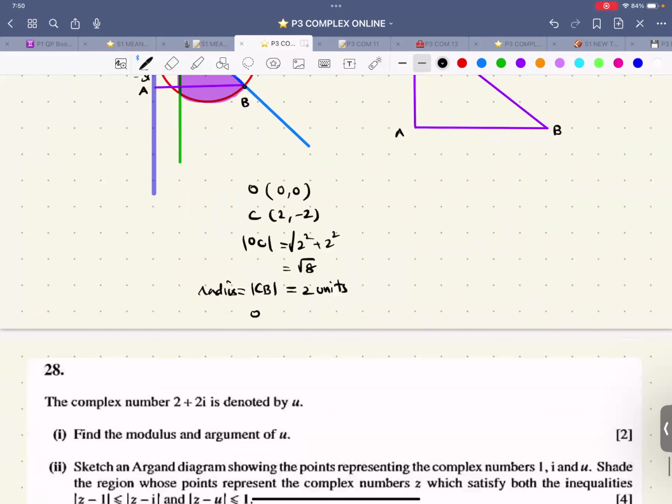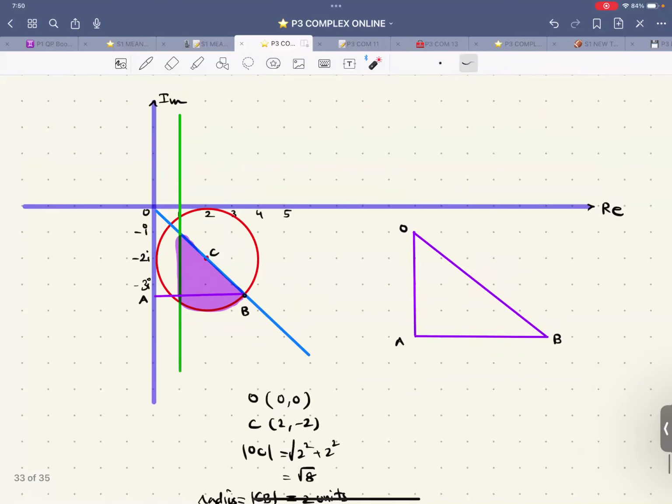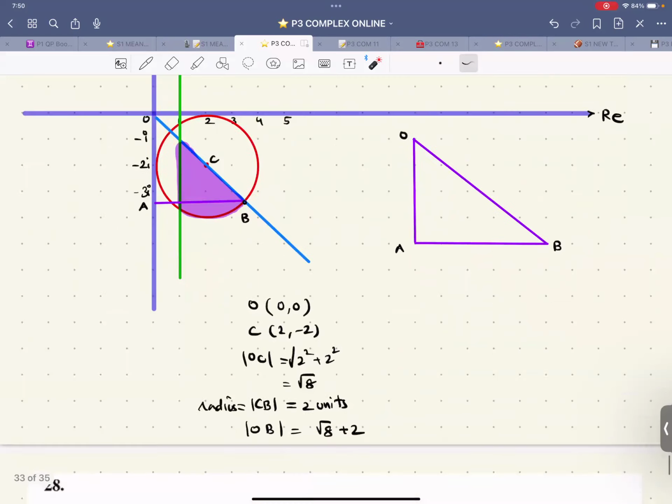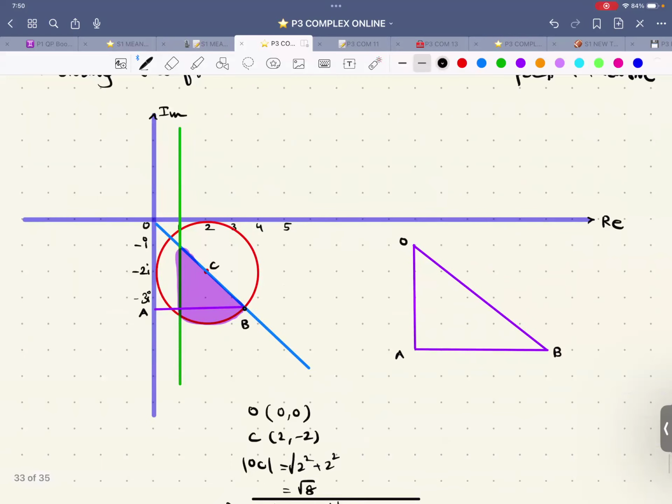In other words, OB is root 8 plus 2. This is O, this is C, this thing is root 8. CB is the radius. So OB, from the origin to the greatest distance, comes out to be root 8 plus 2. Let me write that over here.